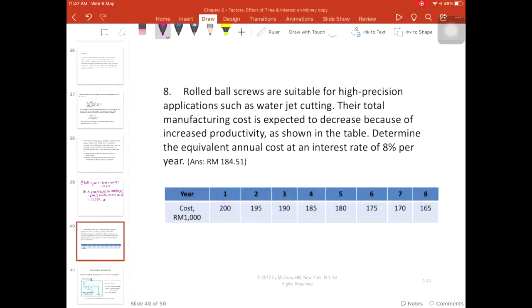Okay, 8. Rolls, ball screw are suitable for high precision applications such as water jet cutting. The total measuring cost is expected to decrease because of increased productivity and shown in the tables. Determine the equivalent annual cost at an interest rate of 8% per year. Now, this one, for easier, please draw the cash flow diagram.